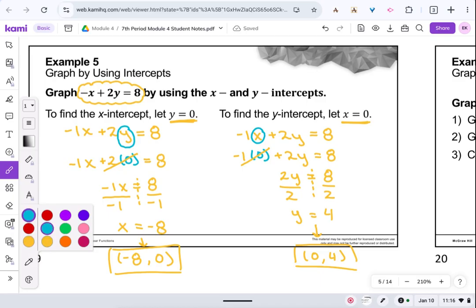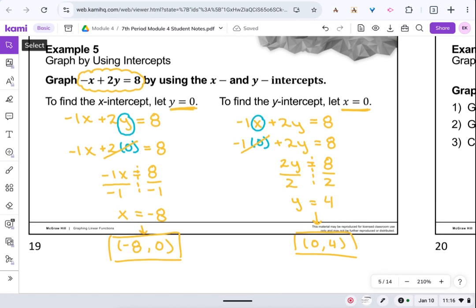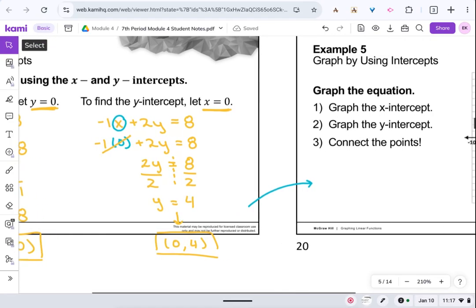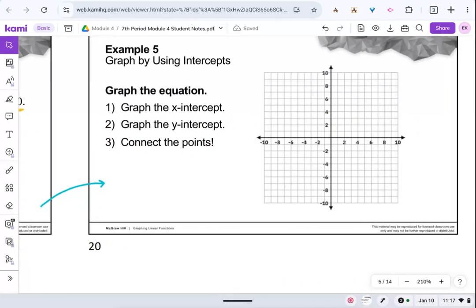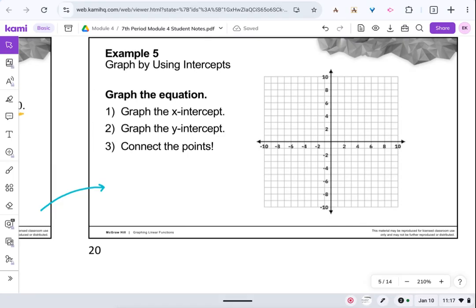We're going to actually graph these now, okay? Looking at this next slide, once you find your intercepts, the next piece with the graphing is you're just going to graph them. We said the x-intercept was at -8, 0. This is our x-axis. -8 would be left 8, and then we don't move up or down, so we just leave our x-intercept here.